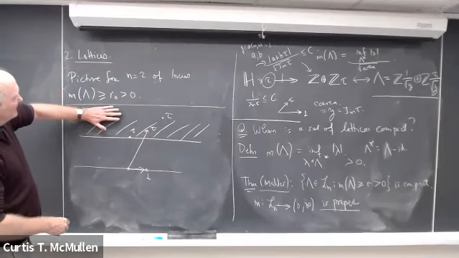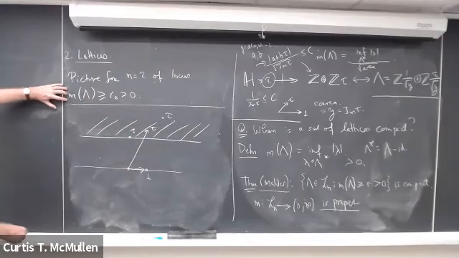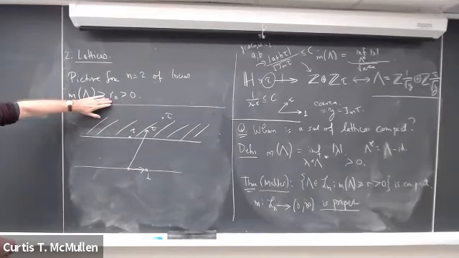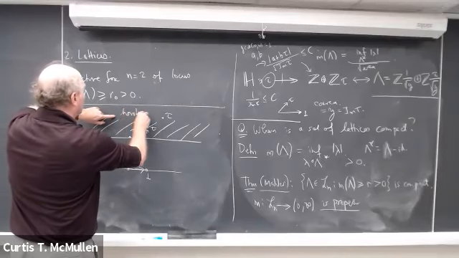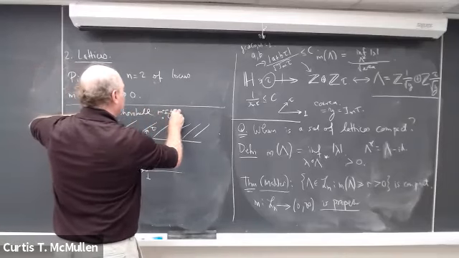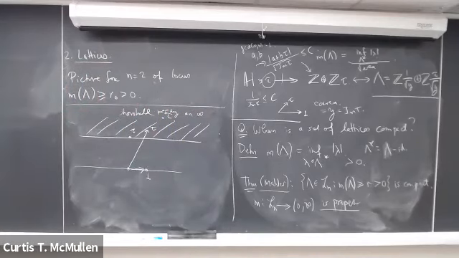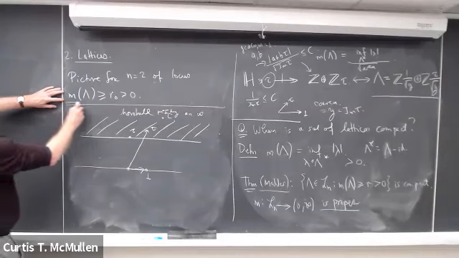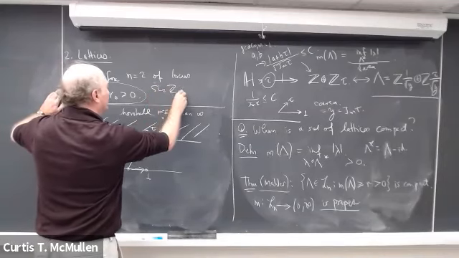So this is a typical subset of the locus where m of lambda is greater than or equal to r naught. And what we can see is that it's a horoball resting on infinity, a horoball centered at infinity. On the other hand, we notice that this locus is SL2Z invariant.